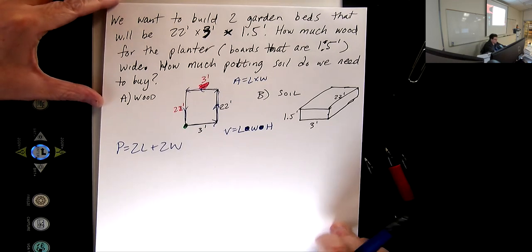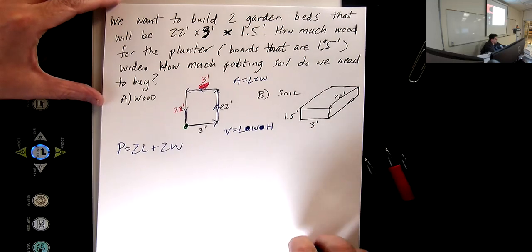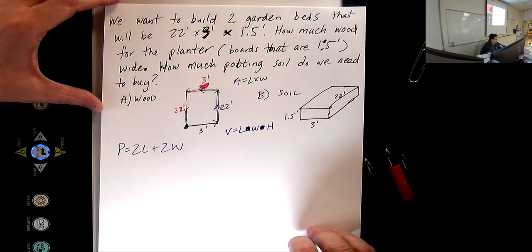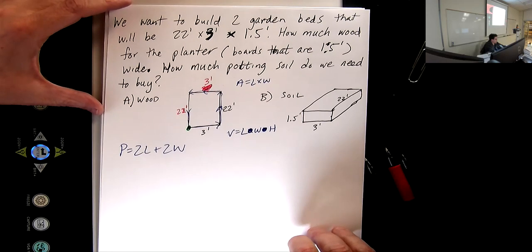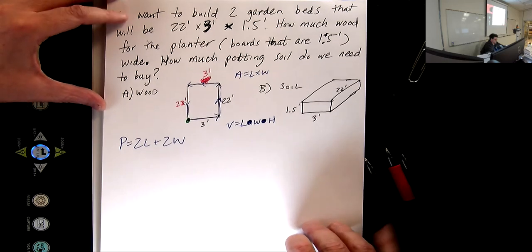If you got 50 square feet and 99 cubic feet like Mason did, no. 50 feet of wood for one bed. Now this is 2 beds. Oh, I forgot about that. It didn't say it here.